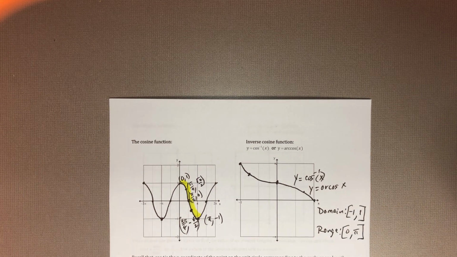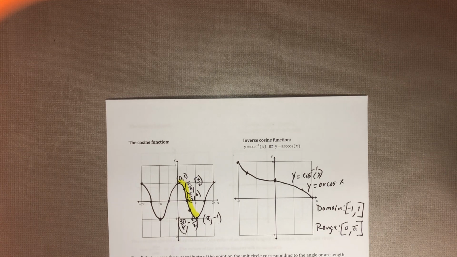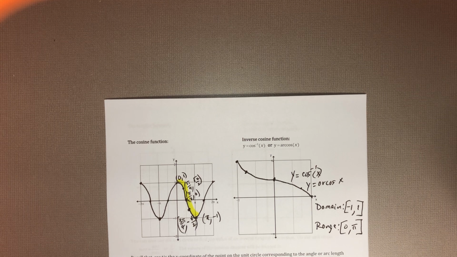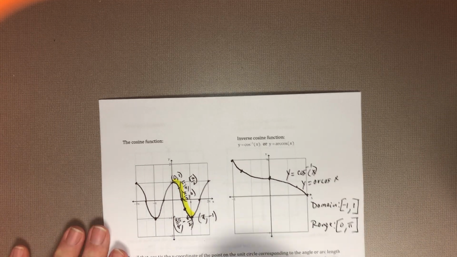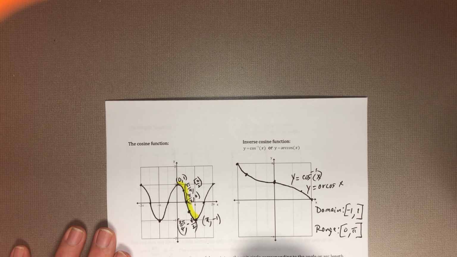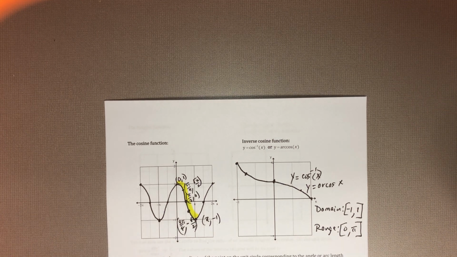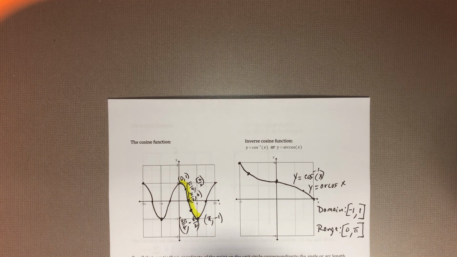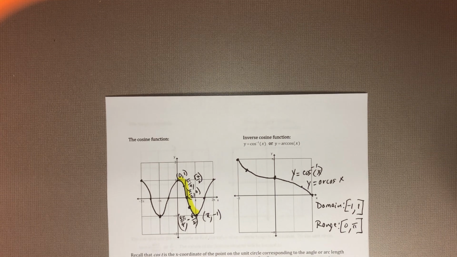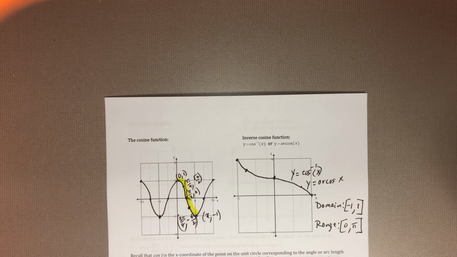So recall, because the range of the inverse of cosine is restricted to 0 to pi, the values of the inverse cosine are located in the first and the second quadrants, which means if you do an inverse cosine, it will give you one of these angles from 0 over to pi. So there's your first quadrant, there's your second.